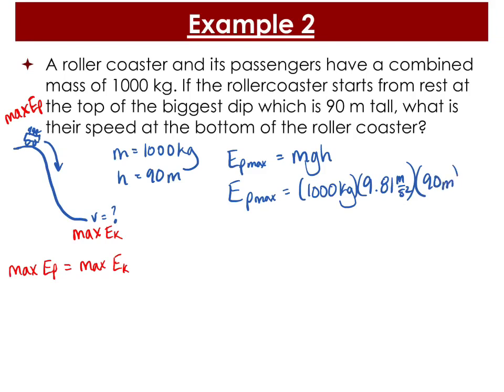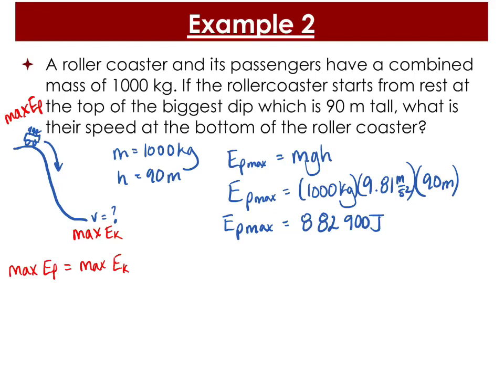And my height is 90 meters. Okay, that gives us a maximum potential energy of, are you guys ready for this? Oh my goodness. 882,900 joules. Now, if this was our final answer, I would definitely have to round this and put this in scientific notation. The thing is, it's not our final answer, okay?